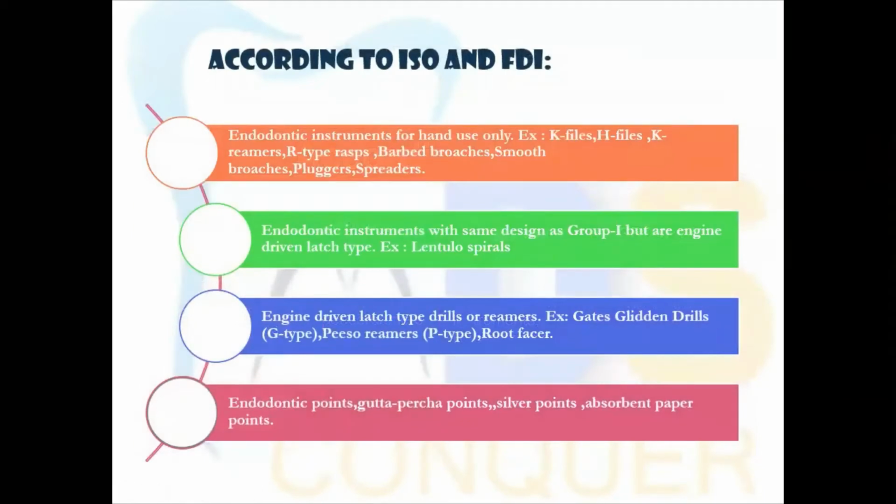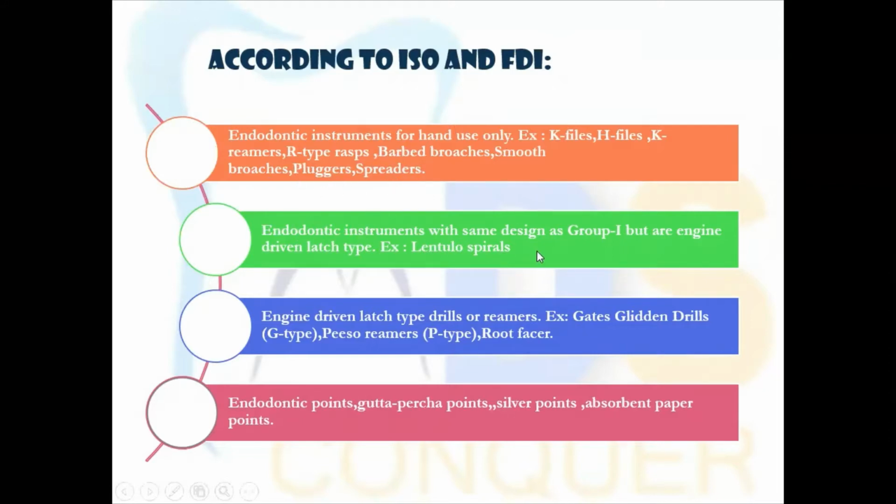Moving forward, one more classification is important, which is according to ISO and FDI. It also classified instruments into 4 groups. Group 1 includes the instruments for hand use only, that includes files, reamers, broaches, pluggers, spreaders, etc. And Group 2 are the instruments which have the same design as Group 1, but these are engine-driven latch type.